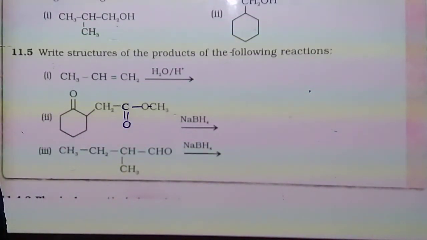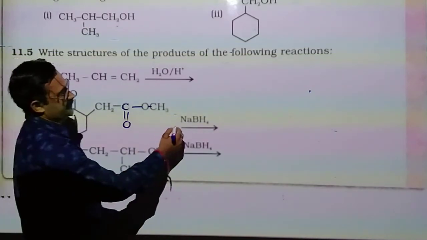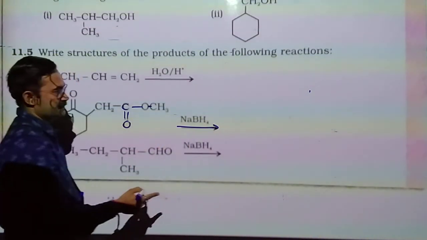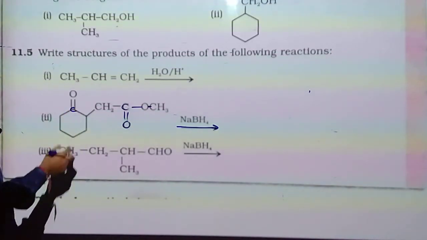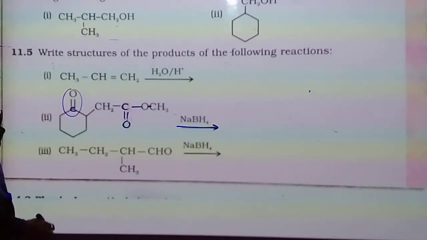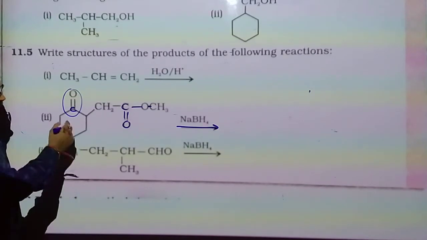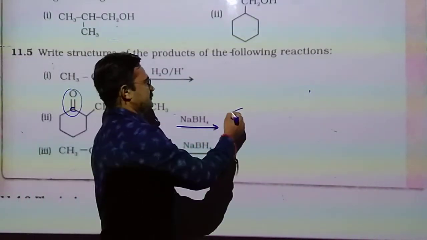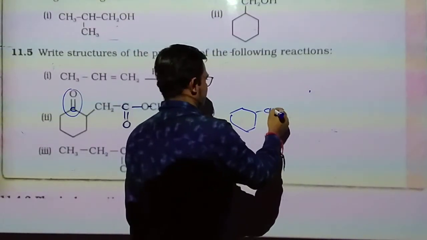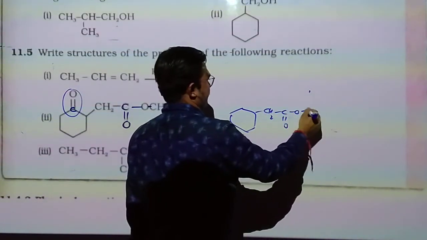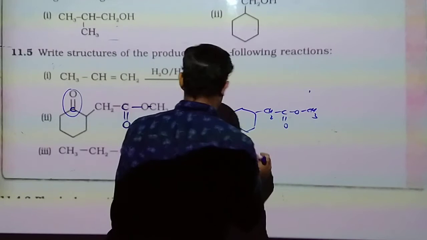Reduction of ester is not possible by sodium borohydride, which is a weak reducing agent, so it only reduces the carbonyl group. So here the pi bond breaks. CH2COO ester remains as it is.